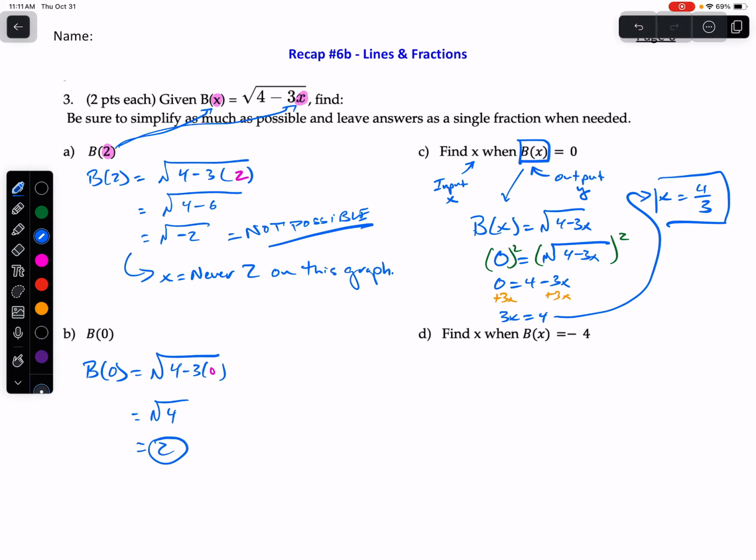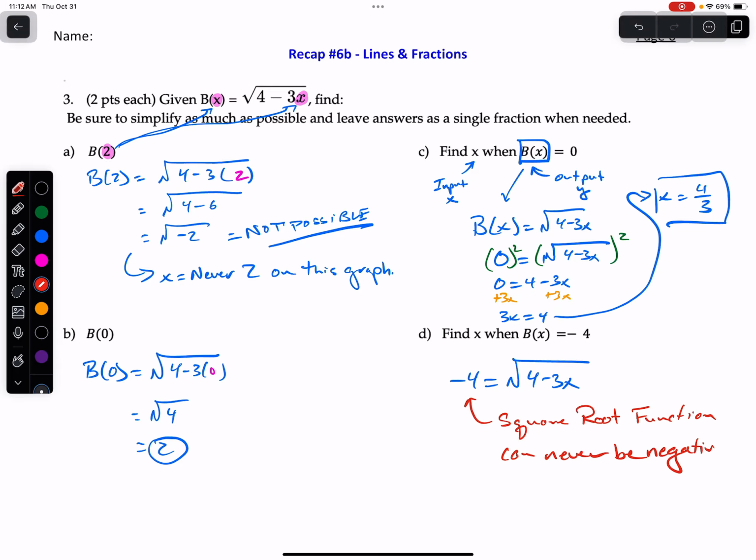Find x when b of x is negative 4. So negative 4 has to equal the square root of 4 minus 3x. Unfortunately, the square root function can never be negative. Otherwise, it wouldn't be a function, because we'd get 2 different values.